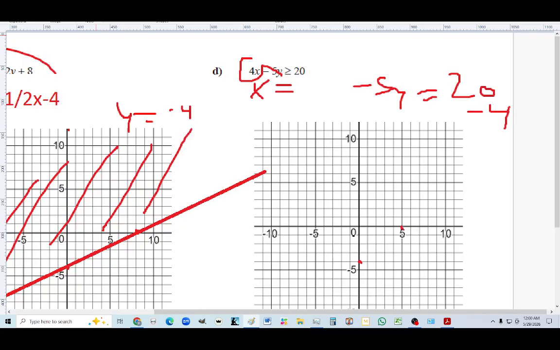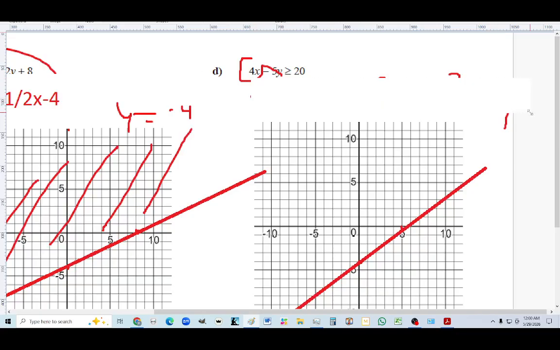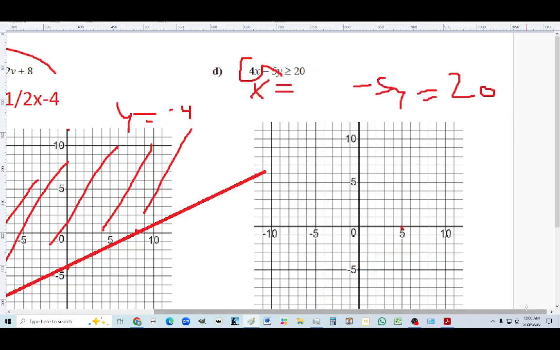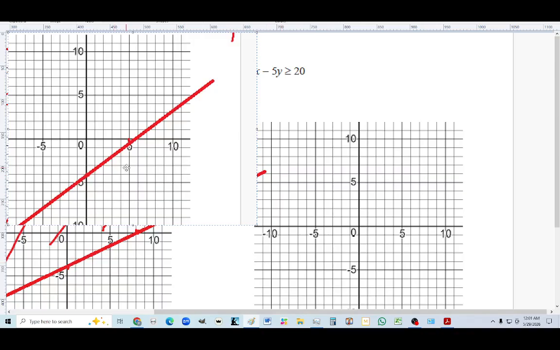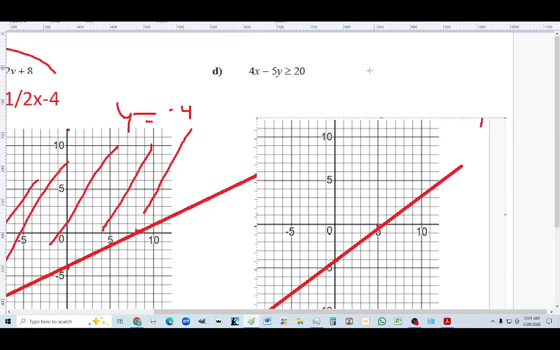And we join the lines. But to figure out if they want us above or below the line, I'm just going to copy this so we have it. We got to go back to the original line without scribbles on it. We got to keep our line that we drew.